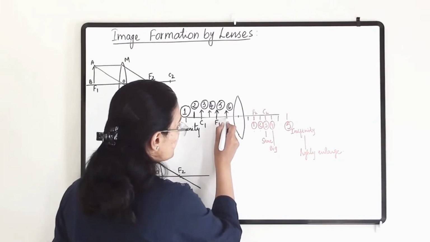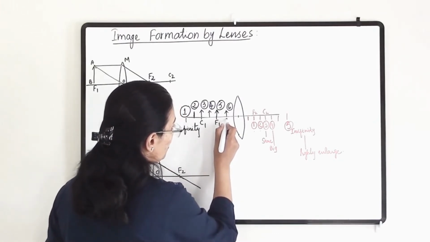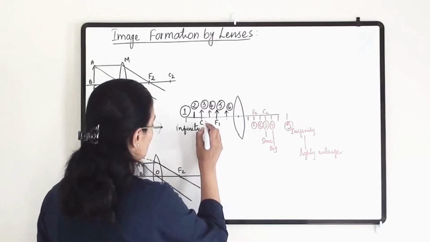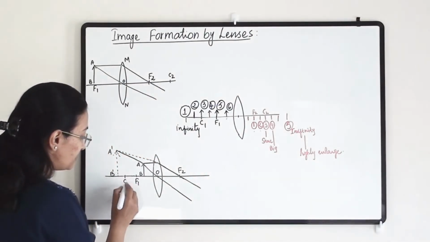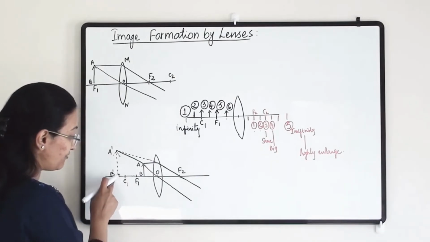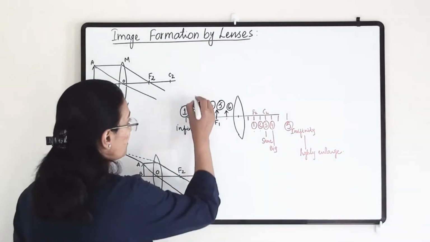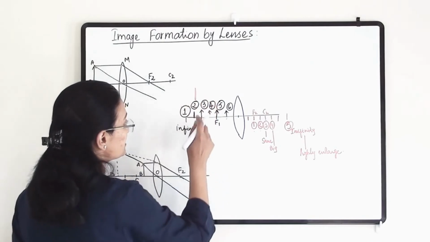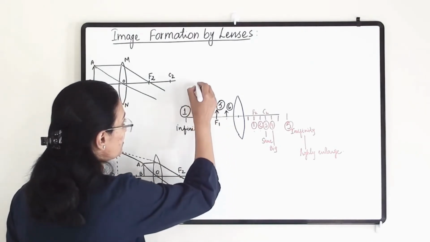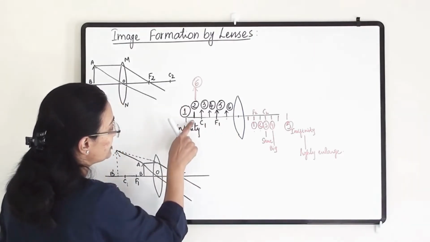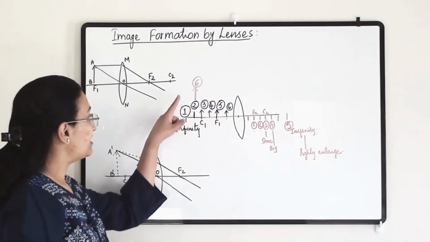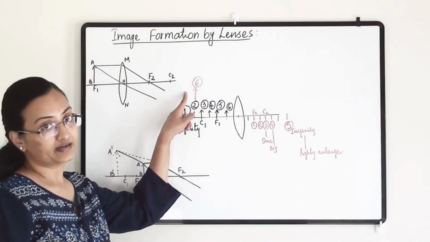That is the sixth case, and when we are keeping it over here, we are getting the image after C, that is the center of curvature, this is C1, center of curvature 1. After that we are getting it, but towards the same side. So for the sixth case, the image we are getting over here will be enlarged, virtual and erect.